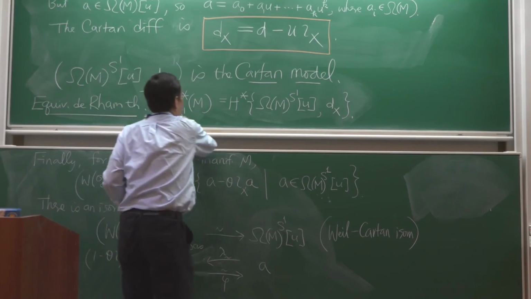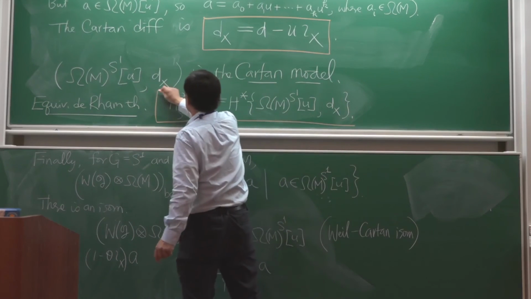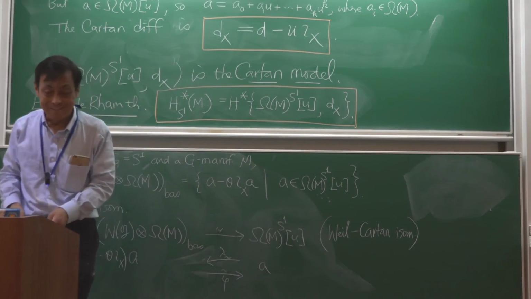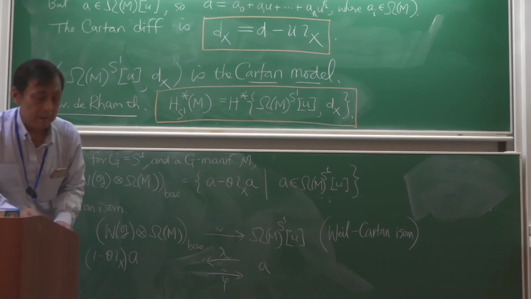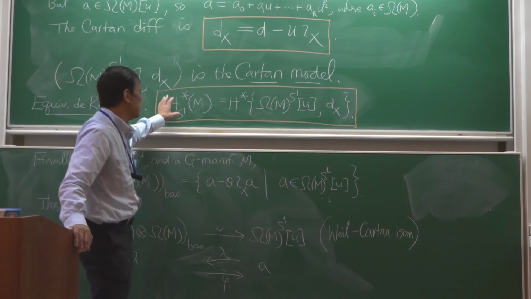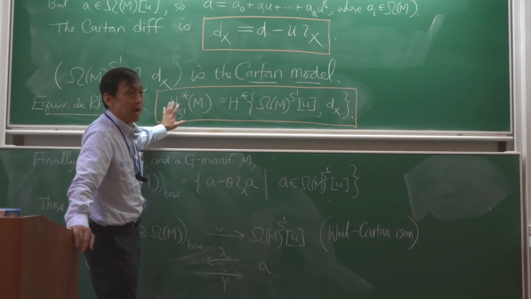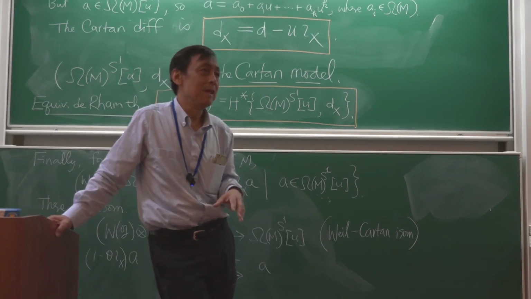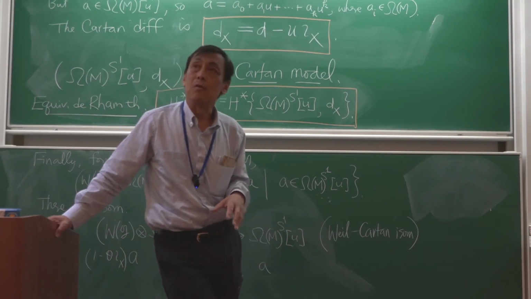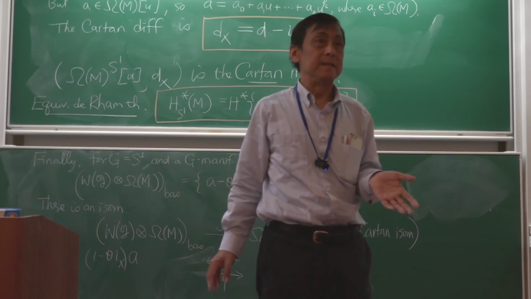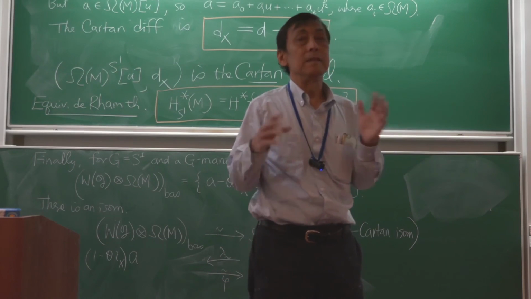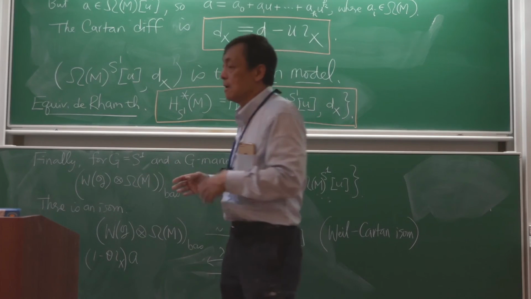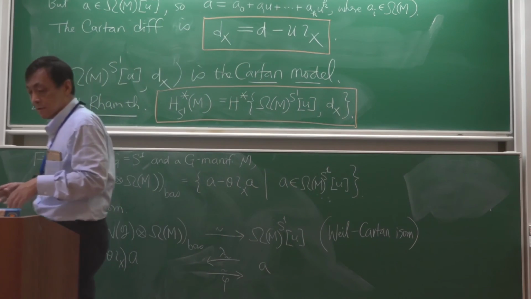So this is another way to state the equivariant de Rham theorem for circle action. And as I said, we are going to assume this for now and just use it to do some calculations. Okay? Okay. So let's take a break for 10 minutes. And then we'll come back and do some calculations.